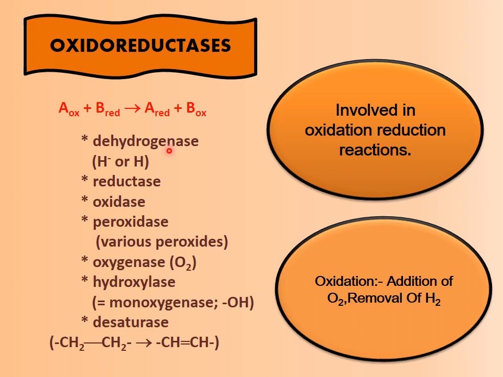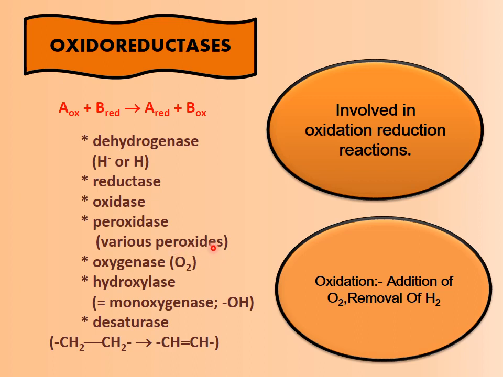All the dehydrogenases like lactate dehydrogenase, pyruvate dehydrogenase, alpha ketoglutarate dehydrogenase come under dehydrogenases. Then come the reductases, like glutathione reductase. For oxidases you can say L amino acid oxidase, D amino acid oxidase. Peroxidases also come in this class.